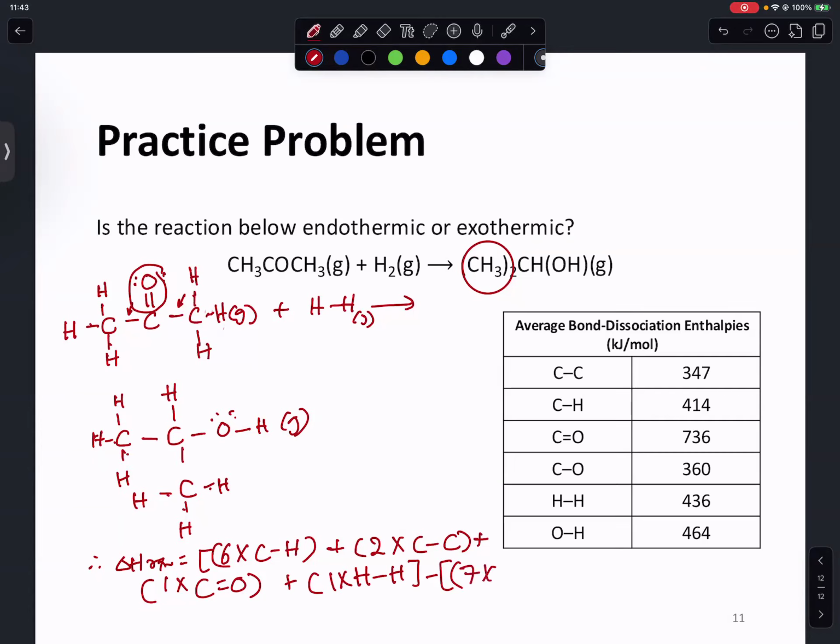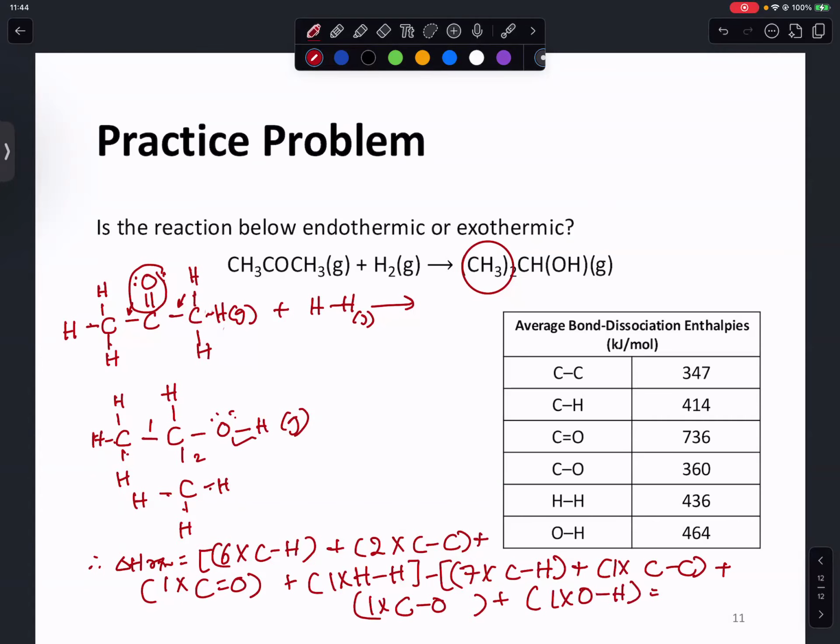So 7 times CH, right? Plus, we have a carbon-carbon bond. We have 1 and 2. So 1 times carbon-carbon, plus 1 CO bond, 1 times C single bond O, and then we have 1 OH.